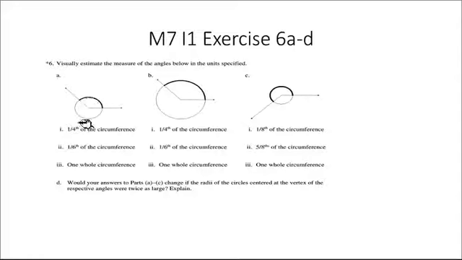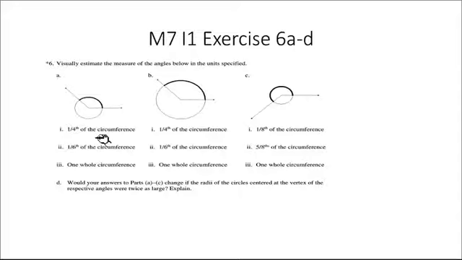And for example, in A, we're asked to use the unit of measure that uses 1/4 of the circumference as a means for measuring this angle subtended by this arc, or the amount of openness we're describing here.